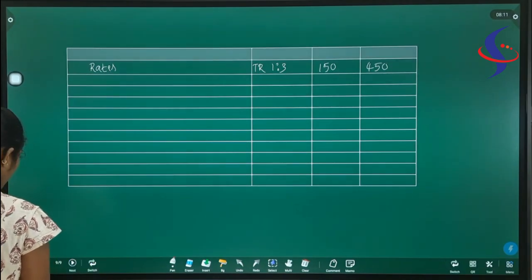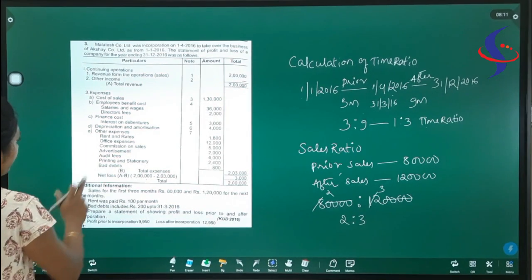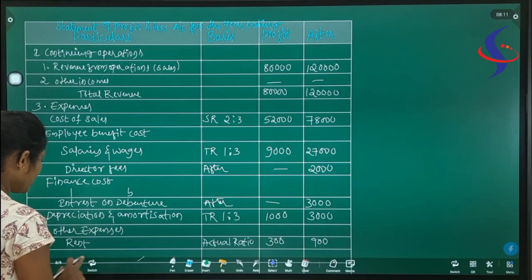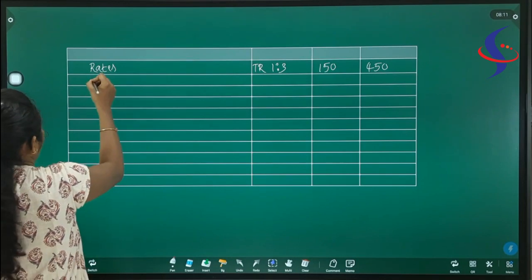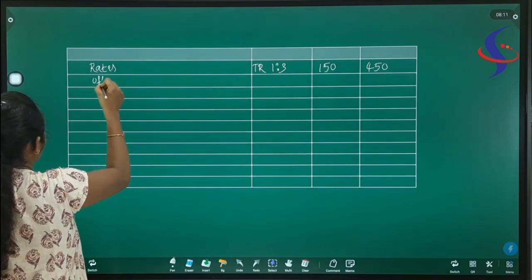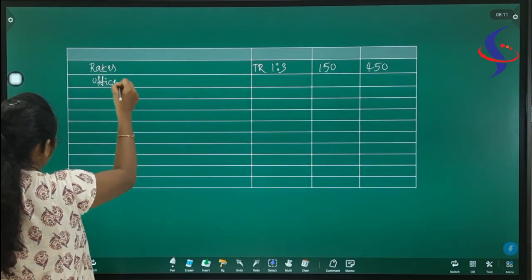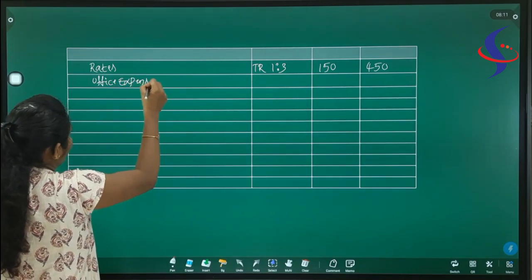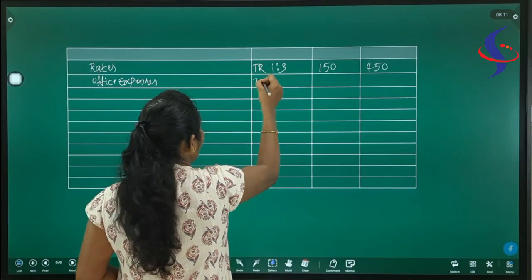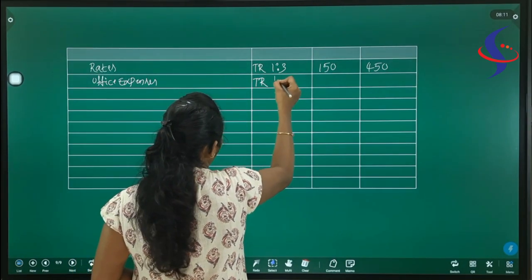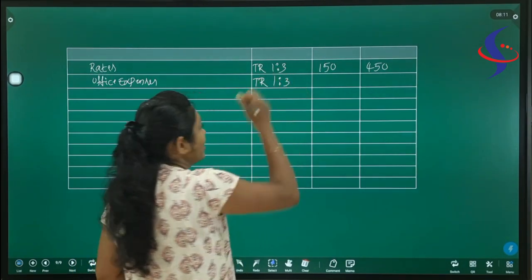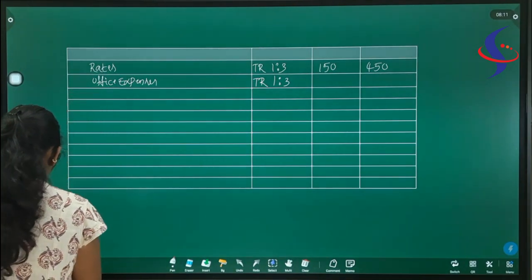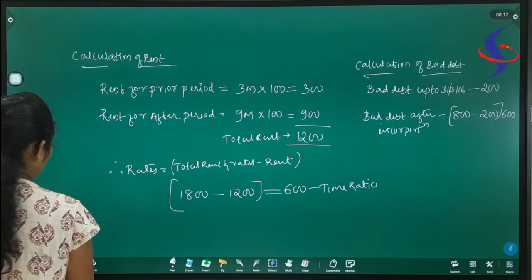Then what else is remaining? Office expense, that is also a fixed expense. Will office expense change with change in sales? Never. Office expense is always a fixed expense, nowhere connected to sales. Fixed expenses means time ratio. One thing you need to remember, students: whenever fixed expenses come, immediately time ratio should come to your mind. What is the amount of office expense?